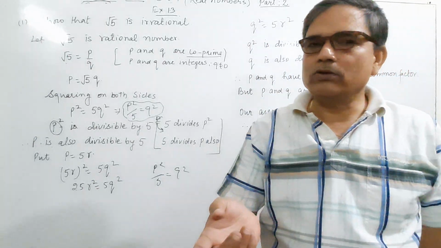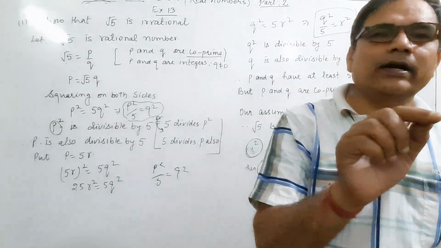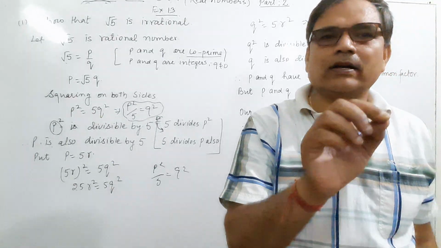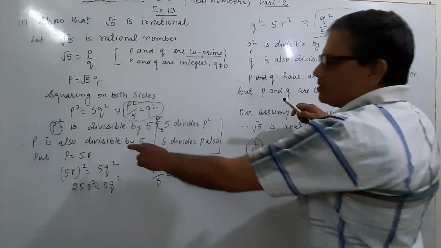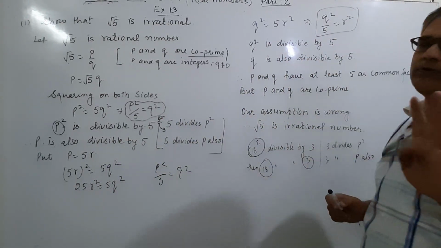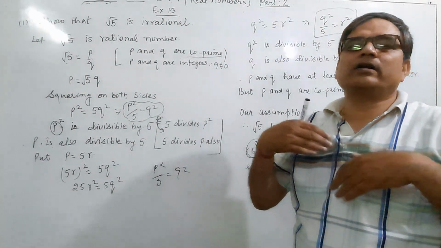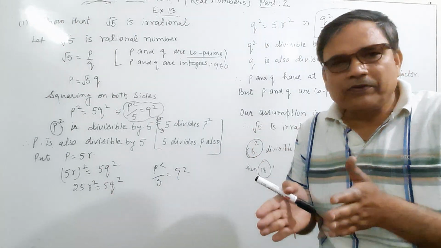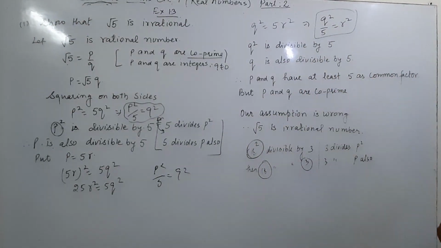And what about it? It means 5 is a common factor of p and q. If both p and q are divisible by 5, then 5 is a common factor of p and q.